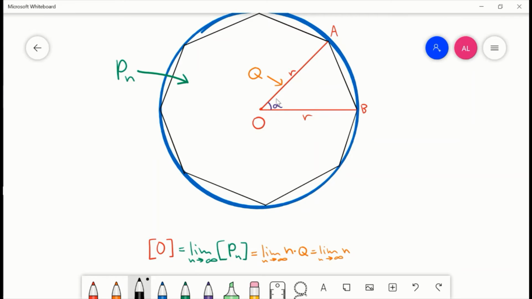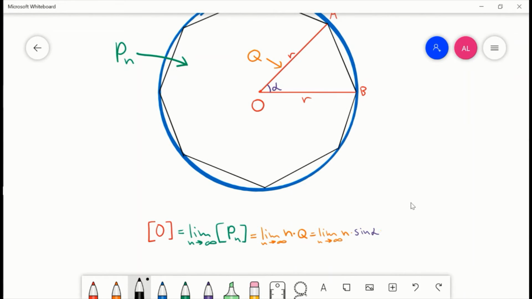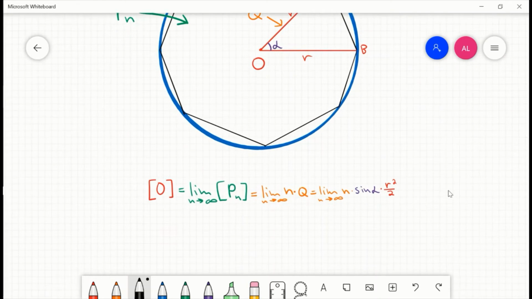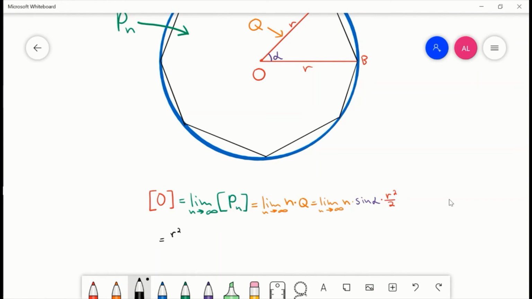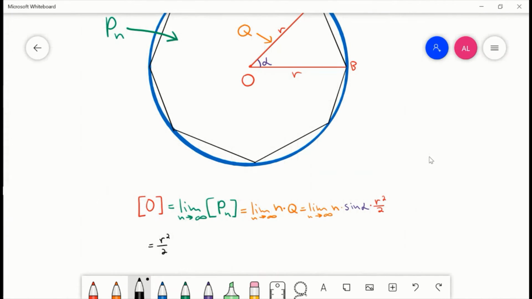OB and OA. The angle in between them, alpha. We can take the sine of alpha and multiply it by r squared over 2. Now, since r squared over 2 does not have anything to do with this limit right here, with n, we can pull this r squared over 2 outside of the limit.